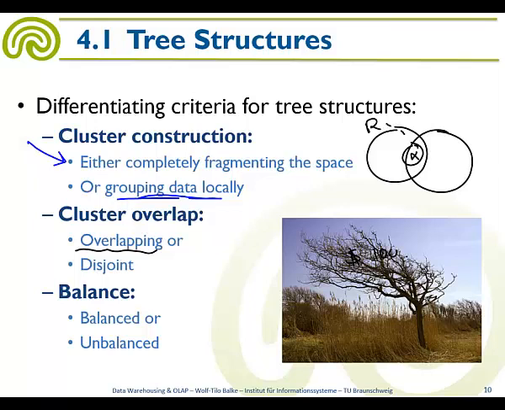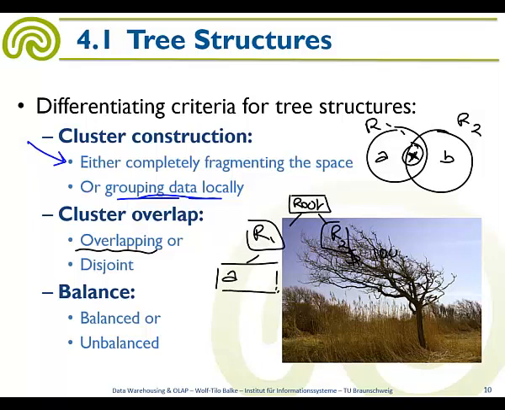So this is R1 and R2, and you have the tree, you have the root, and you have R1 and R2 here, for instance, and then A, B, and this is X, and X is in the overlapping region. So you will have the child A and X and B maybe.